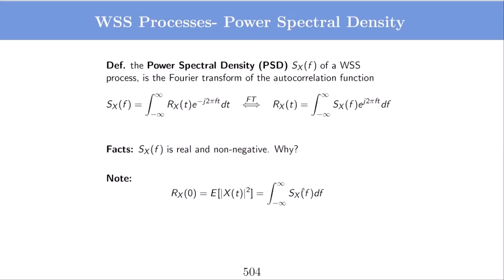It is the density of power over the frequency, over the spectrum. So Sx(f) shows the density of power at frequency f. If I take a small interval delta f, then Sx(f) times delta f will show the power of the signal in that small interval of the frequency spectrum. We will discuss this more later on.